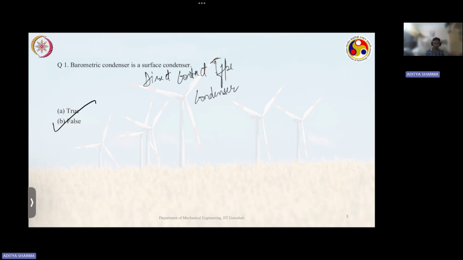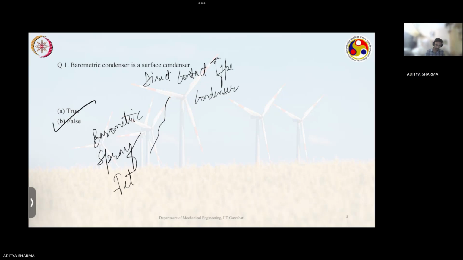Okay, so this is a false statement. So we have spray type, barometric type, then we have jet type. So these are three direct contact type condensers.